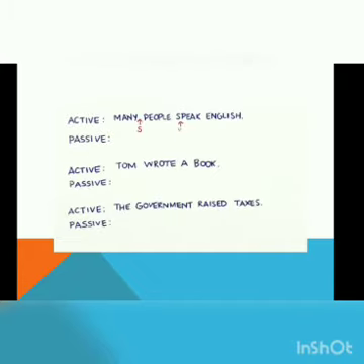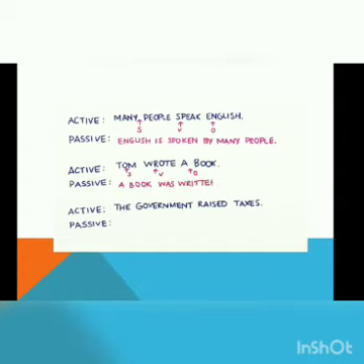Let's practice. In this active sentence, many people is the subject, speak is the verb, and English is the object. To change this to passive voice, we put the object first, followed by is, then the past participle of speak, which is spoken, then by, then the subject, many people. In sentence 2, the object must come first, a book, followed by was, then written, the past participle of write, then by, then the subject, Tom.